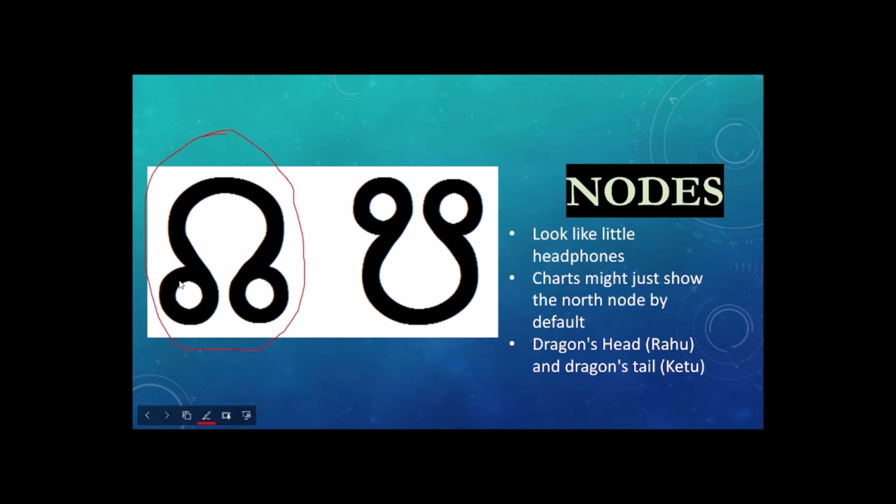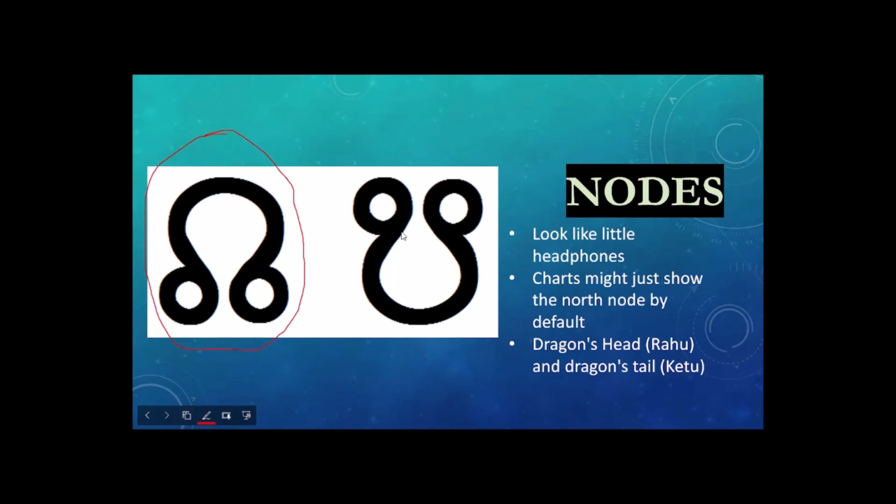A lot of times the default view on Astro Dienst does not show the South Node, or you can select for that by selecting a little thing that says descending node further down the page on the extended chart view.